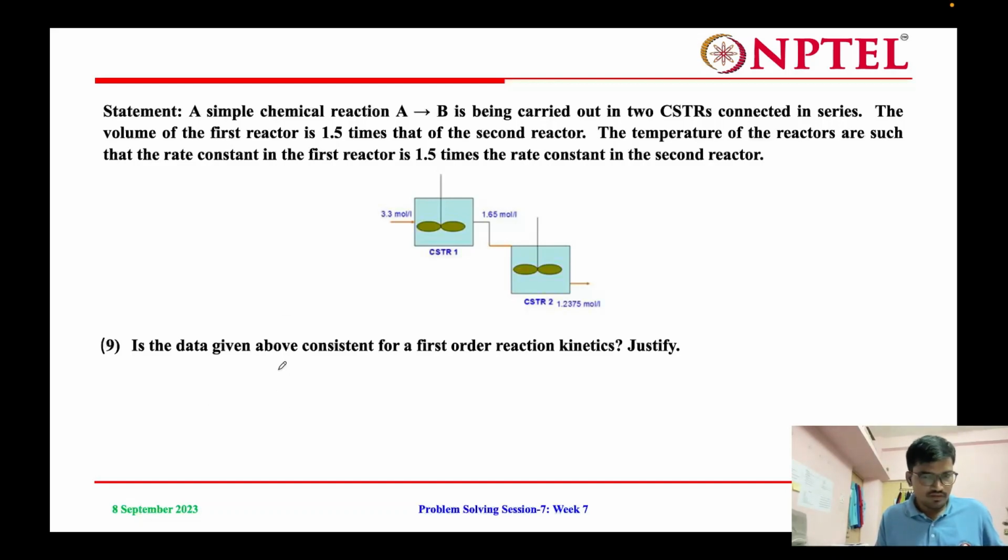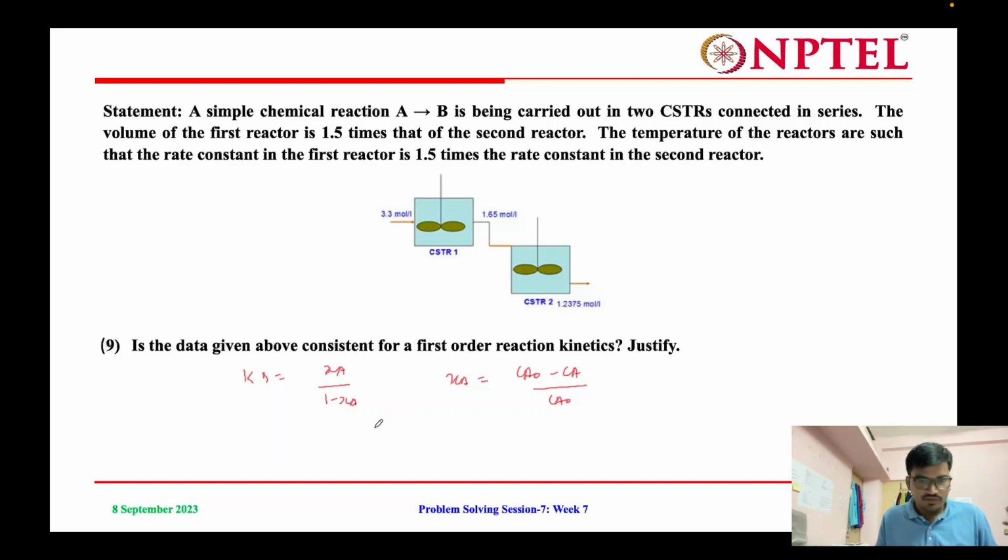So the performance equation for the first order reaction is K tau equal to XA divided by 1 minus XA, right? And XA equal to CA naught minus CA divided by CA naught.